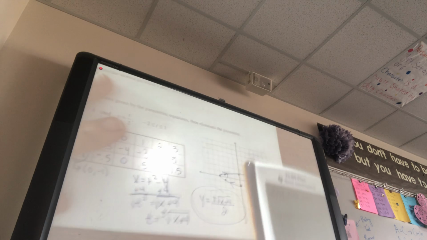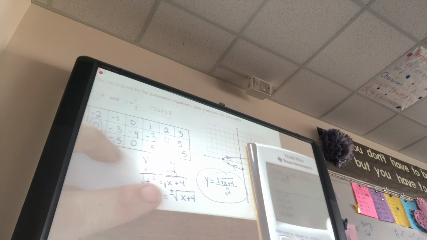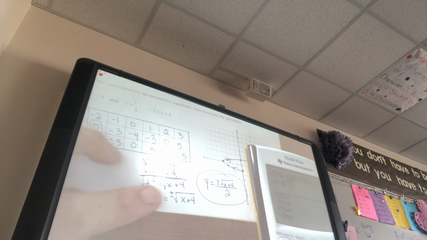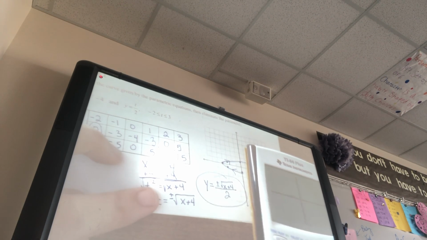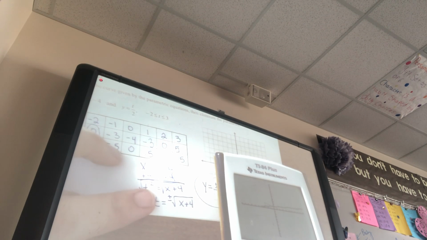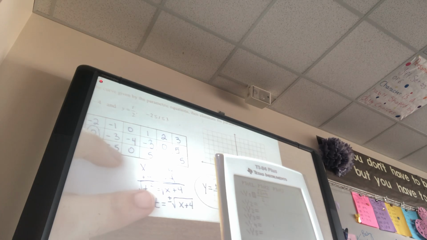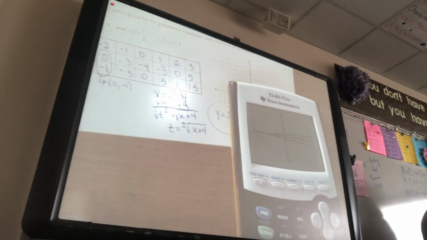So if I go put this in, and I do the positive square root of x plus 4 over 2, notice that that's just giving me the top. It isn't until I go in and I put in negative that it gives me the bottom. Okay?